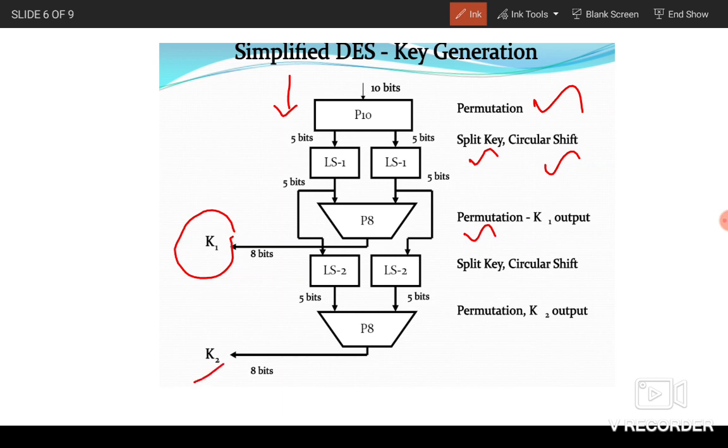In order to get the second key, the shifted value is given to a second shifting operation and we get 10 bits. Then we go with the contraction permutation, that is, the bits are reduced and we get the second key.